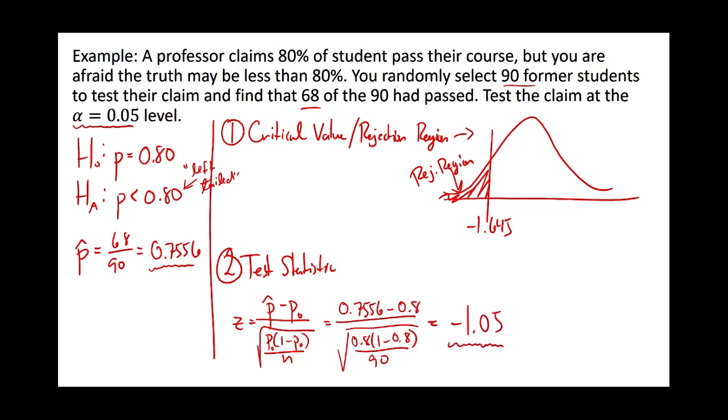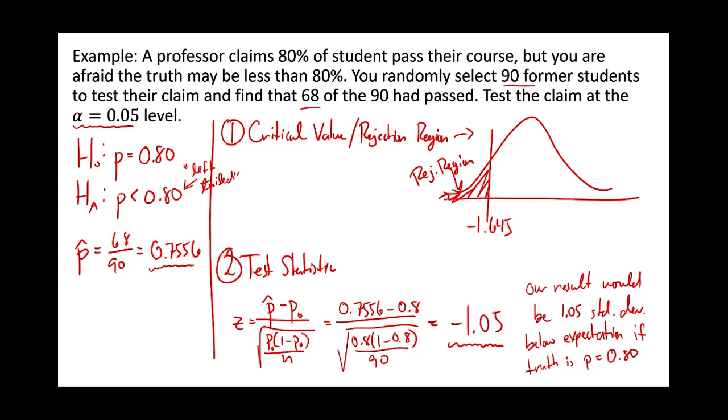your test statistic. What it's saying is that our result would be 1.05 standard deviations below the expectation if the truth is that they actually pass 80%, right?